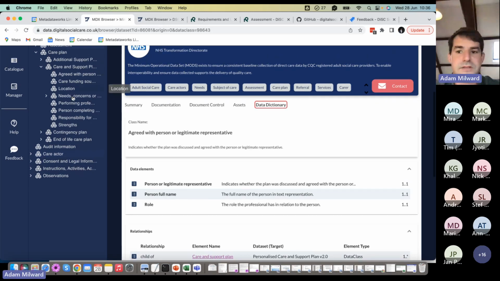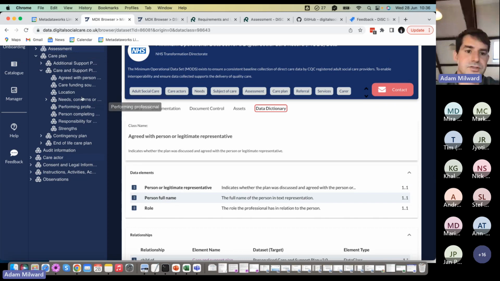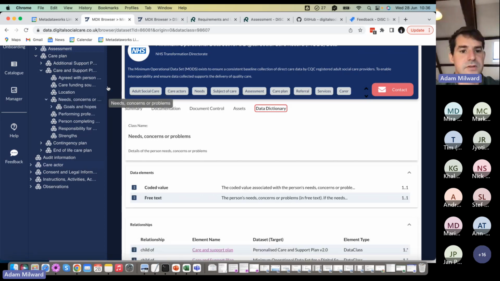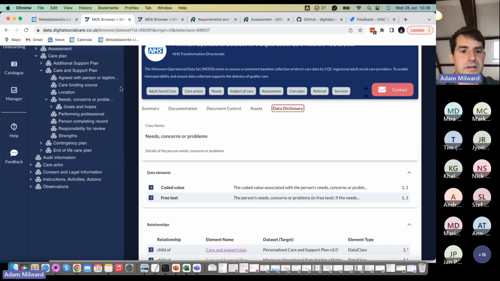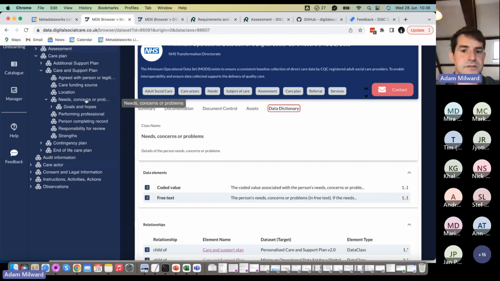I think this is probably an open question to the community, because we've seen different things in different systems, and it would be great to get your feedback on it specifically, and we'll be doing interviews around it. At the moment within the care plan you've got needs, concerns, and problems, and those have coded values, and potentially there's some alignment we could do.